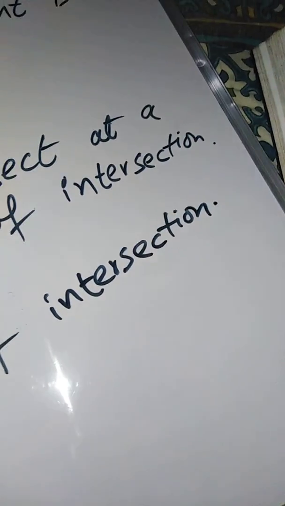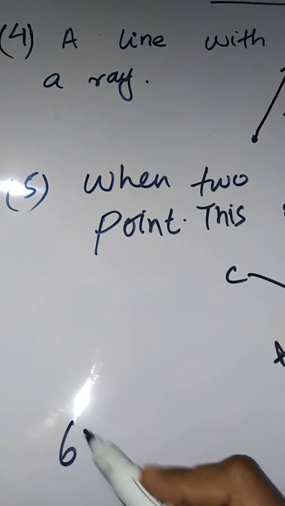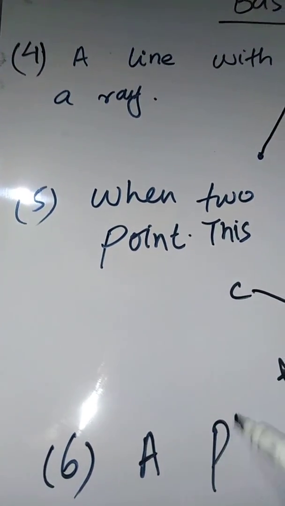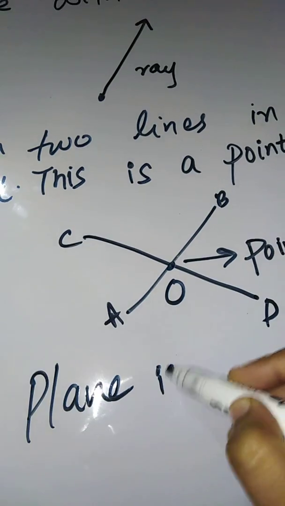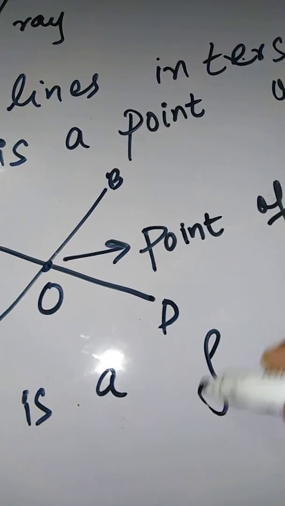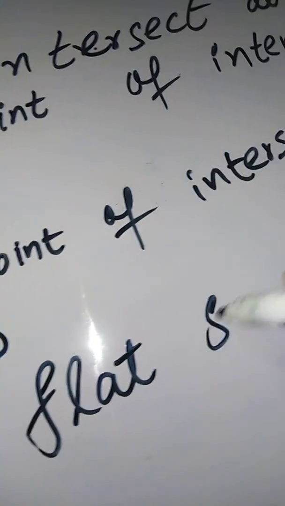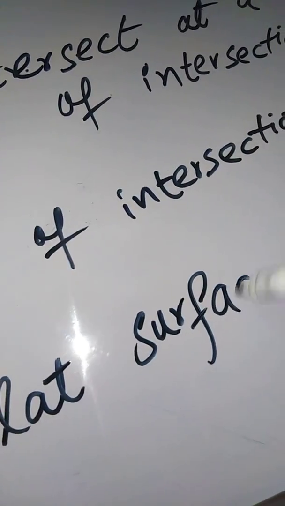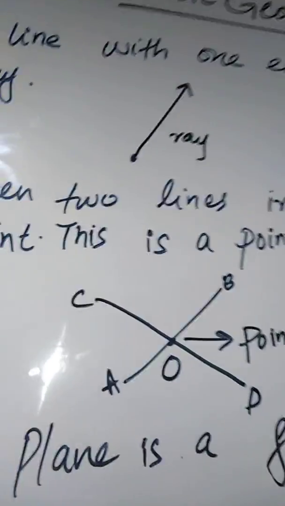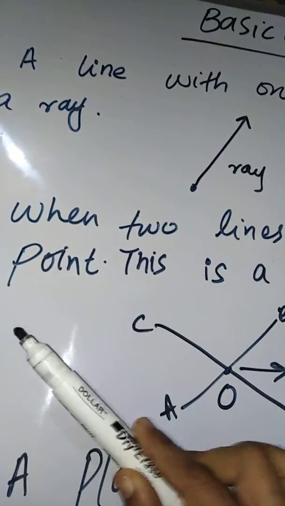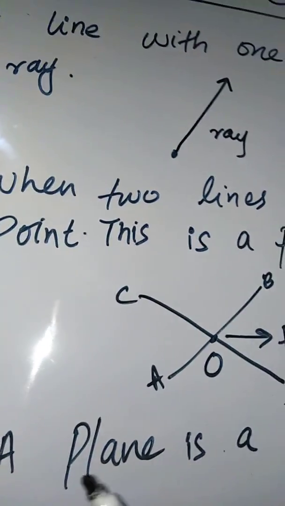Okay, now I'm going to explain about a plane. A plane is a flat surface. You can see that this board is a plane because there is no curve on this board, so we'll say that this is a plane surface.